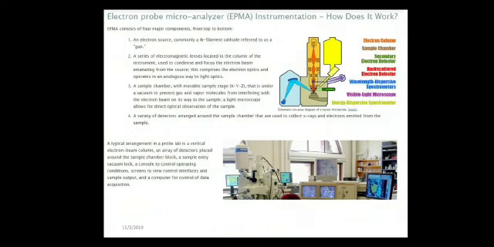So where are we using this electron probe microanalyzer? Quantitative electron probe microanalysis is the most commonly used method for chemical analysis of geological materials at a small scale.